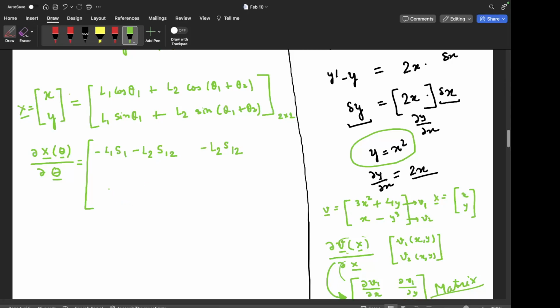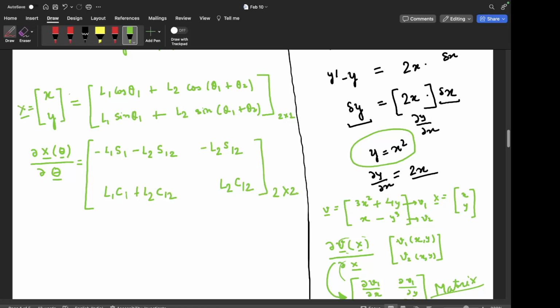Similarly, the second row, first element we can write as L1 C1 plus L2 C12, and the second row, second element is L2 C12. This is a 2 cross 2 matrix.